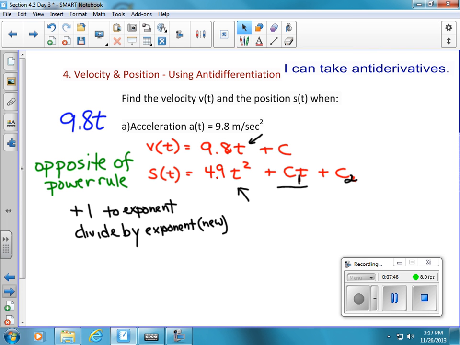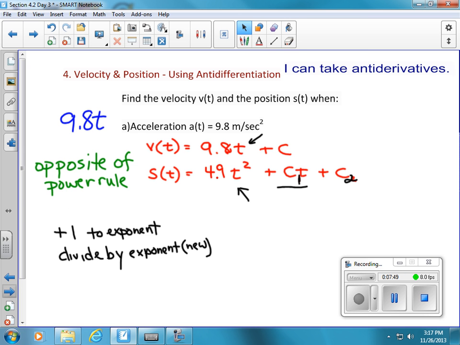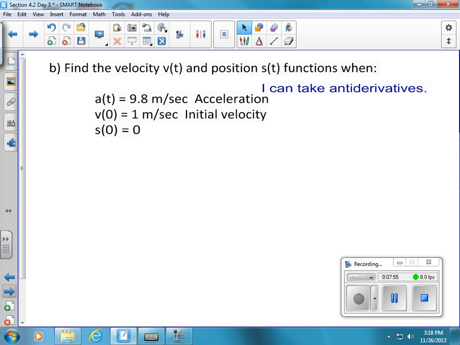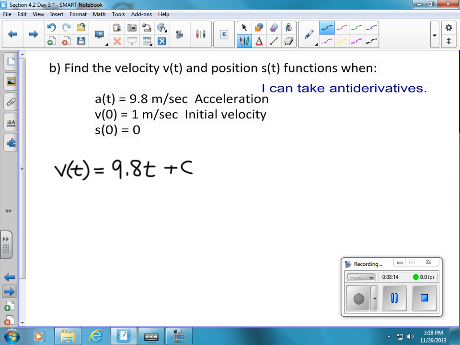So sometimes we're asked to do multi-step problems using this technique. So let's try it with some numbers. Let's say that your acceleration is 9.8. We want to find the velocity and position. Let's start with the velocity. The general velocity function is 9.8 times t plus c. In order to find the c, they have given us an initial value.